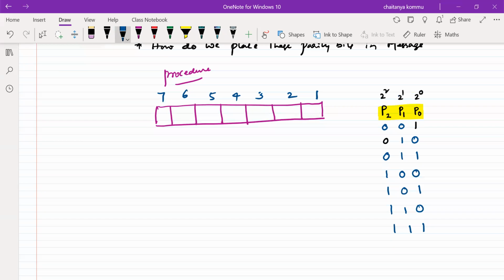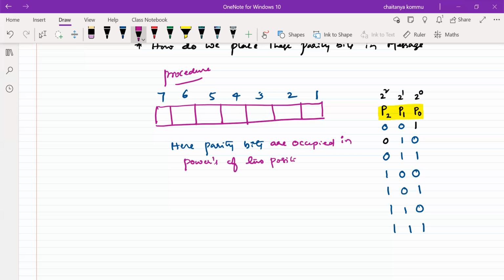Please remember that here parity bits are occupied in powers of 2 positions, that means 2 power some x. So 2 power 0 means 1, right? Agreed?